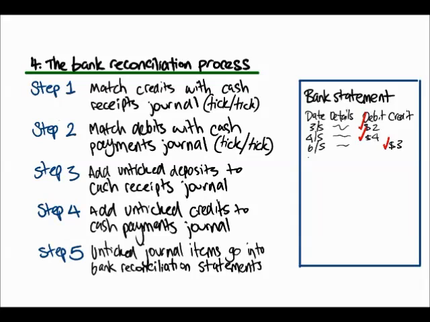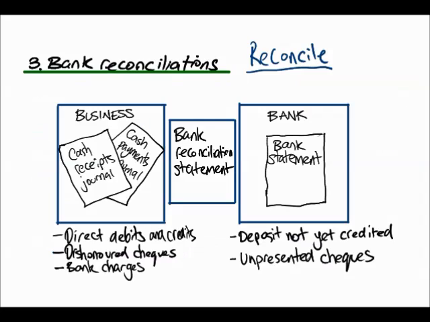Now, let's imagine on your bank statement, though, there is a deposit which is not listed on your cash receipts journal. So let's say you've got a credit on the 10th of the 5th. This could be a direct credit.